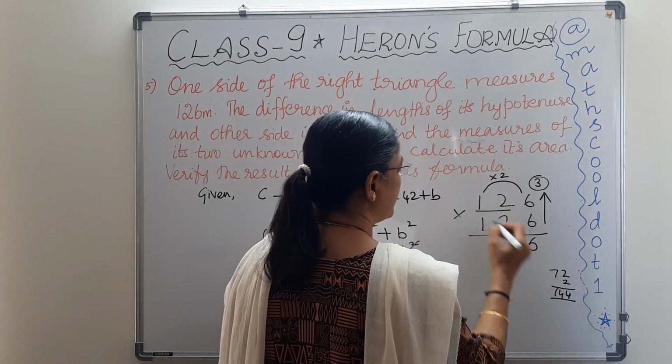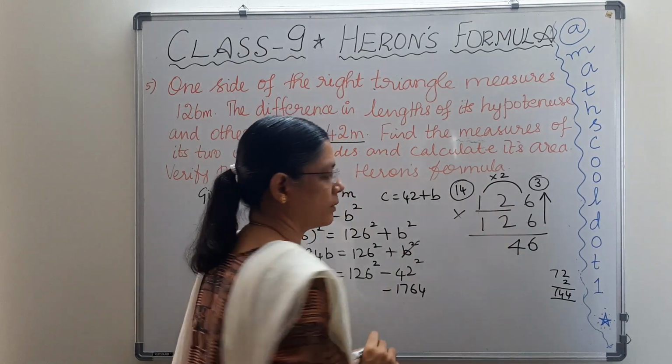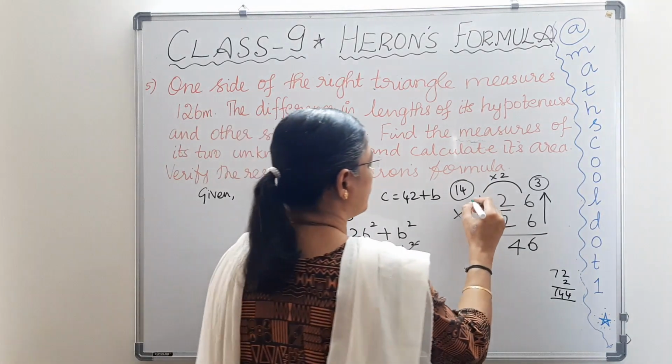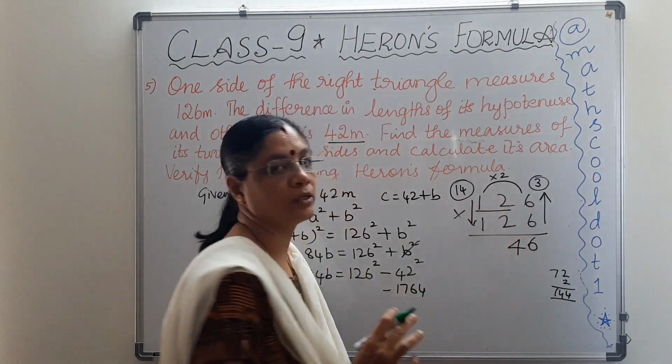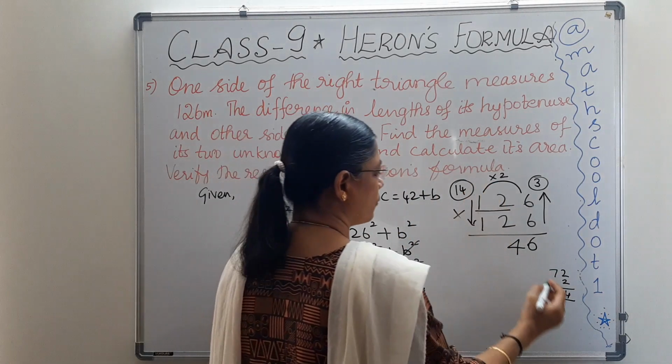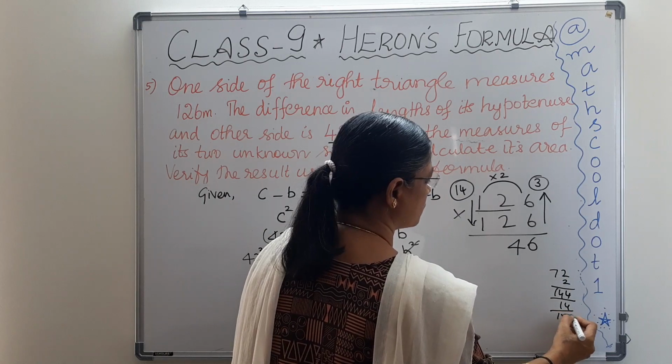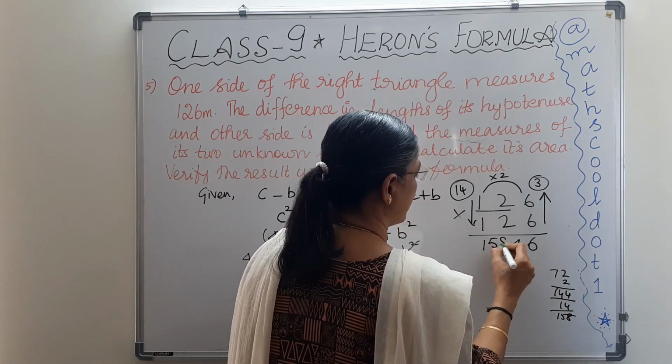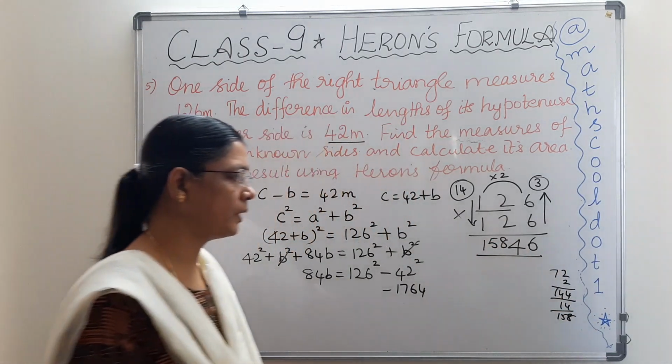Now I have 4 here, and 14 is carry over. Now do you understand? Now just multiply 12 and 12, the remaining digits. Take it as such. 12 12s are 144. 144 plus 14 is 158. So 158. Do you understand?